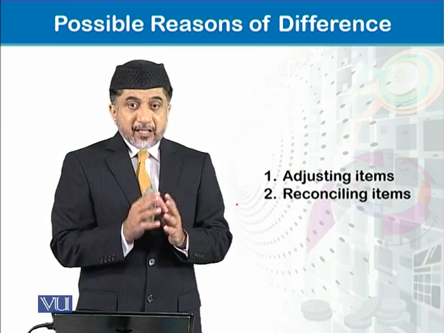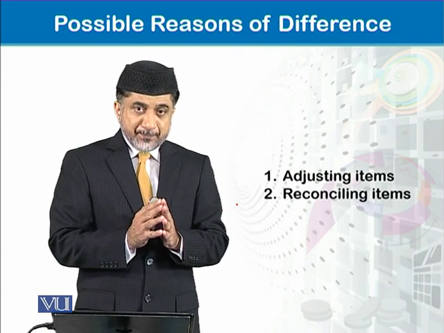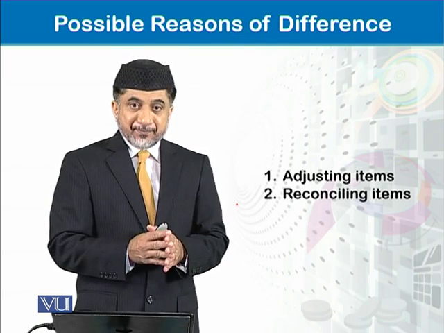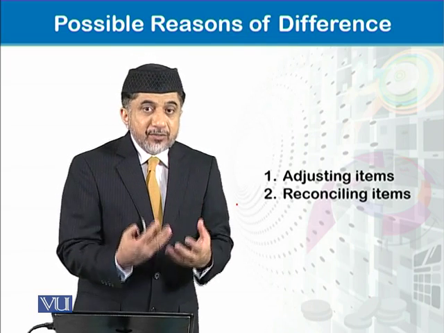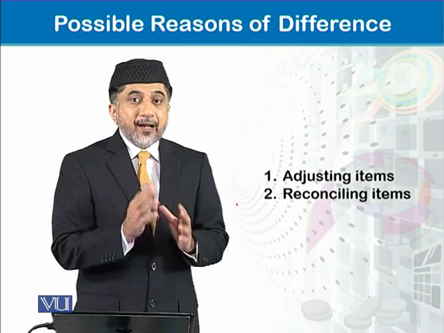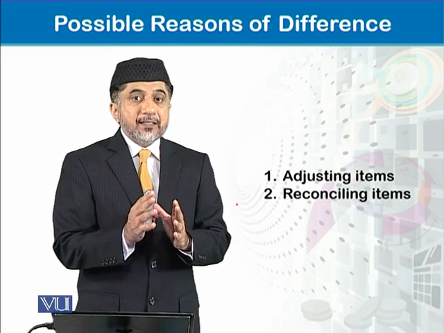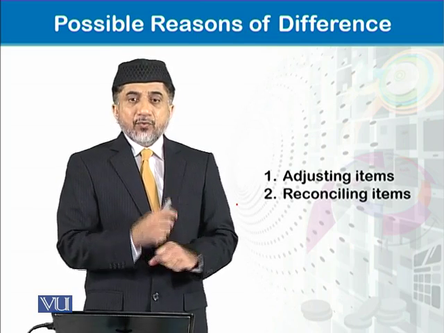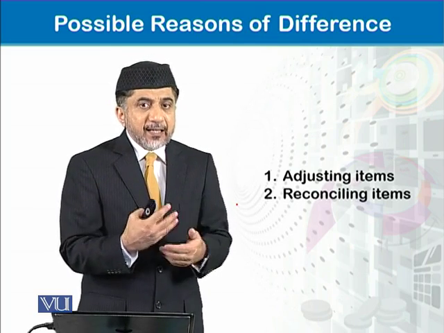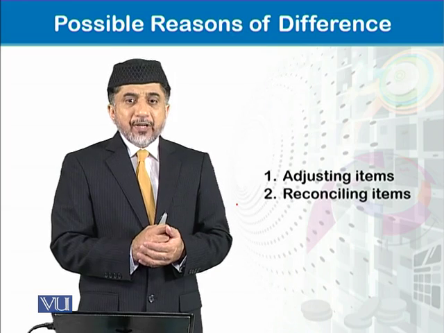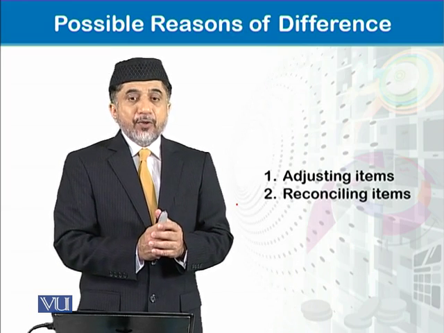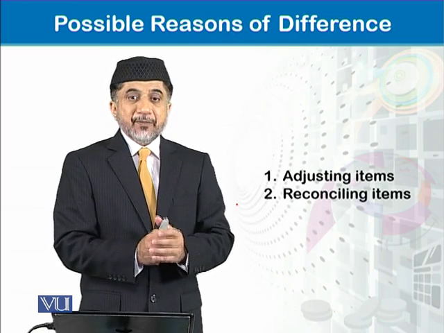These adjusting items also include certain mistakes by the accountant. The accountant could not correctly enter the information or transaction in the cash book. So for that reason, we have to adjust our cash book. Once we are done with this adjustment, then we prepare the bank reconciliation statement.